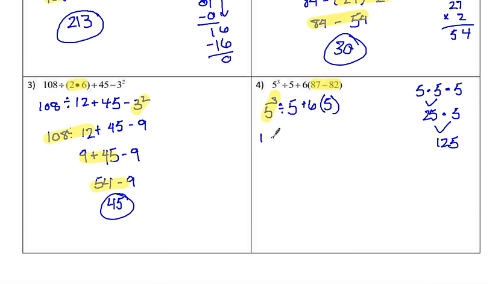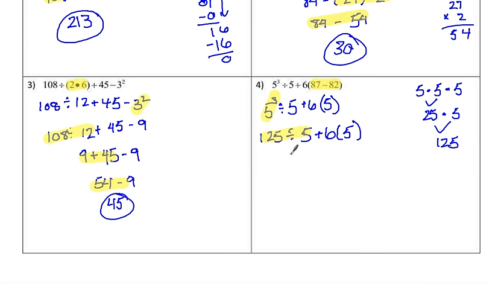So this is 125 divided by 5. Plus 6 times 5. Now I have that division there because I'm done with the exponents. I need to do my multiplication and division.